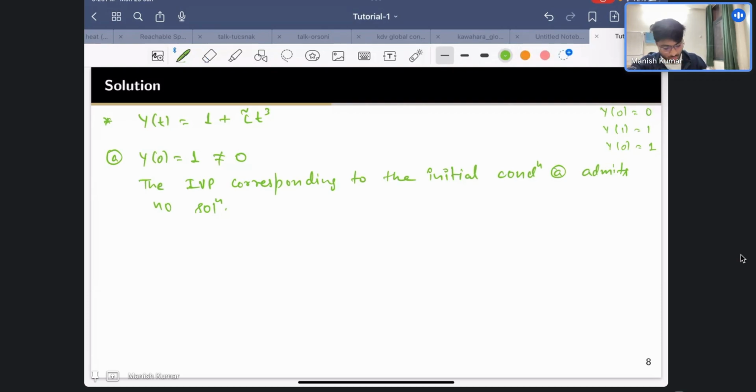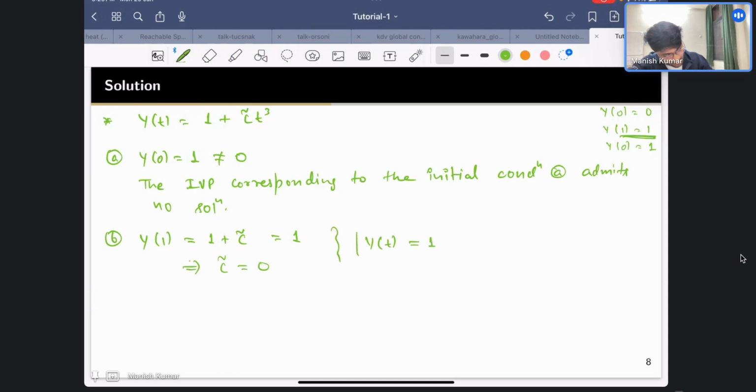Okay, let us see the second one. The second condition is y(1) should be 1, right? So let us put t equal to 1. So y(1) equals 1 plus c tilde, and you are asking that y(1) should be 1. So this is equal to 1, which implies c tilde should be 0, right? So in this case the solution y(t) can be rewritten as y(t) equal to 1.